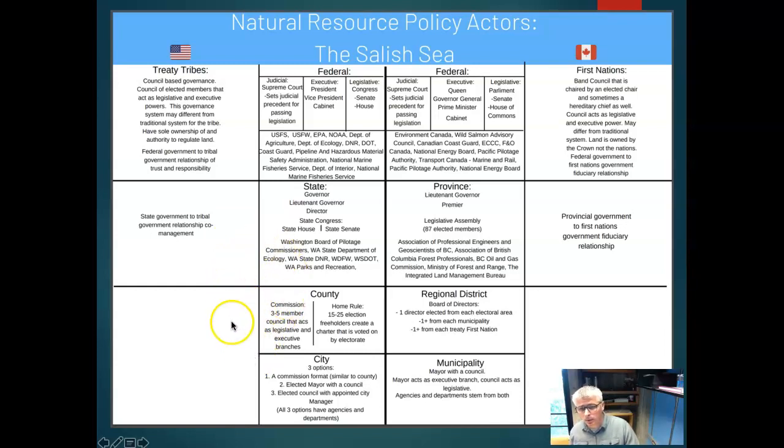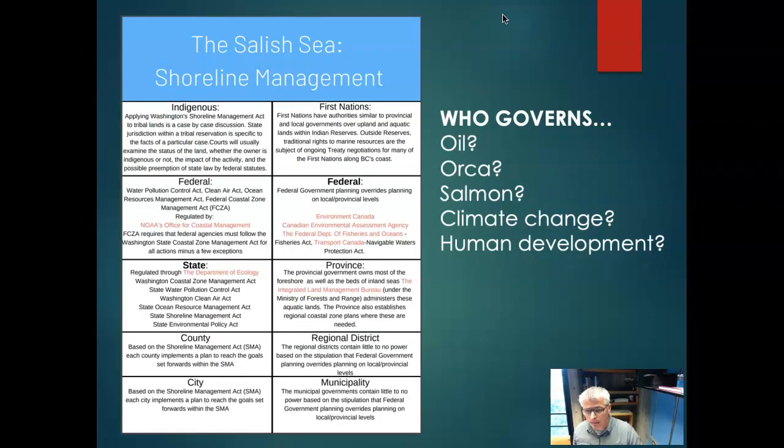We'll explore this through one specific example that might highlight a bit of the differences between the two. So walking through the differences of management on a specific case, looking at shoreline management, starting with Indigenous and First Nations, and this side being U.S. and this side being Canadian.